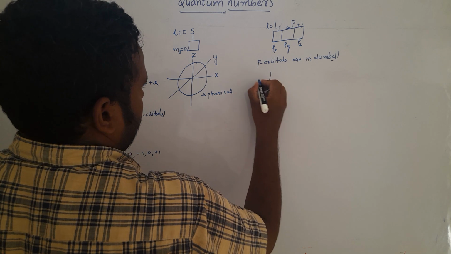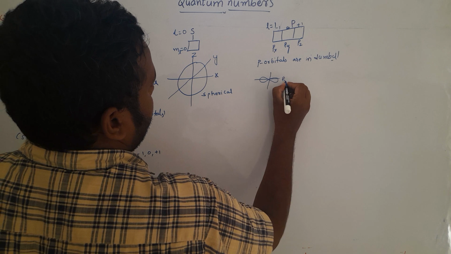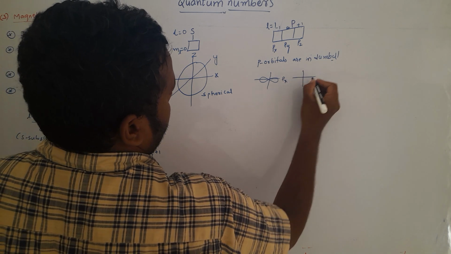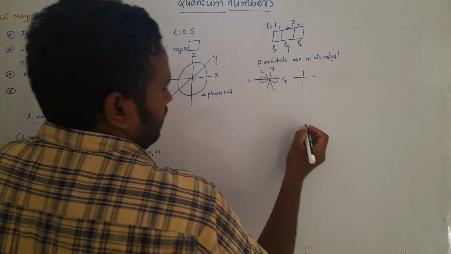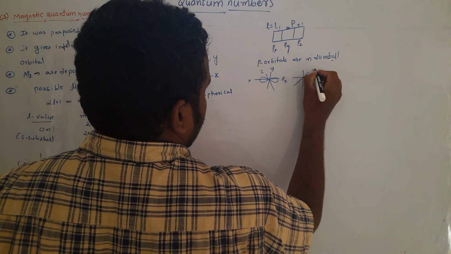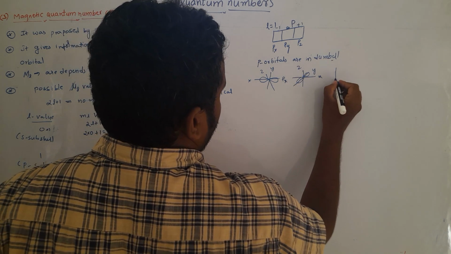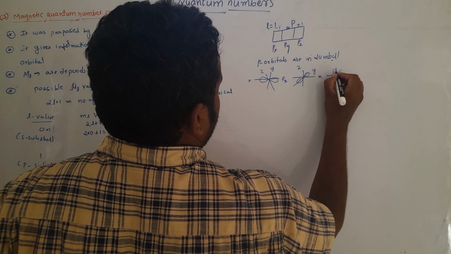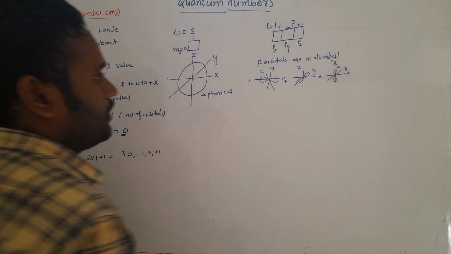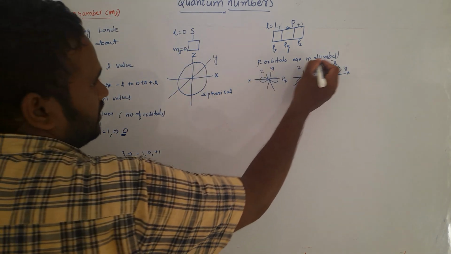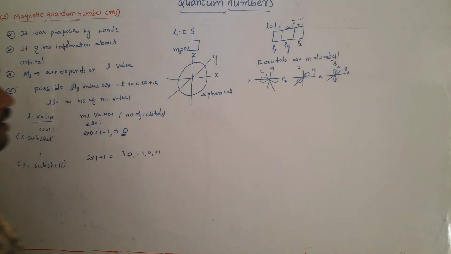Here we have 3 p orbitals: px along the x axis, py along the y axis, and pz along the z axis. This is the p orbitals in dumbbell shape. The P subshell has 3 orbitals.